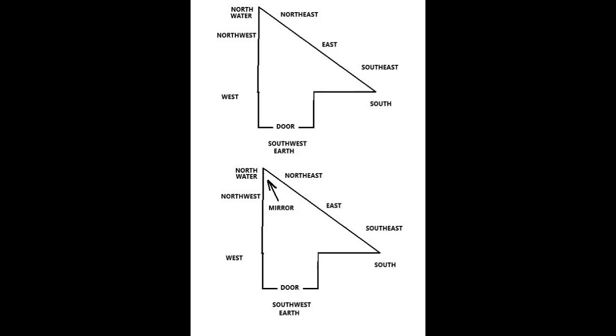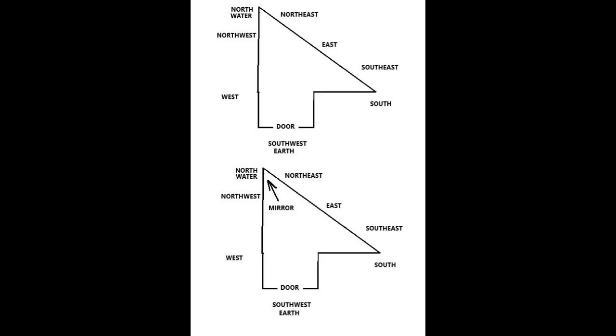In this apartment, the apex aims due north, the direction of the element of water, and with the doorway facing southwest, the apartment is ruled by the element of earth. And so we can see that fire and earth are both out of harmony with water and must be integrated.